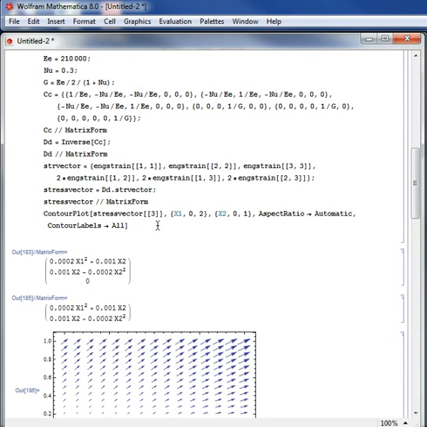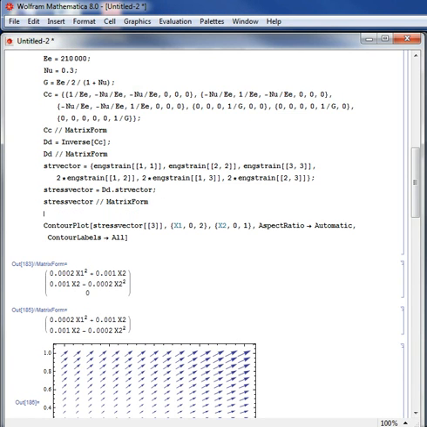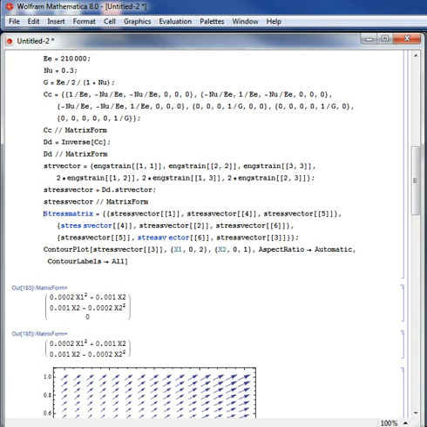To calculate the von Mises stress, first I need to form the stress matrix. So the stress matrix will be given by taking the components of the stress vector, I can make the components of the stress matrix. So first component and so on, just similar to what we did in the previous problem.